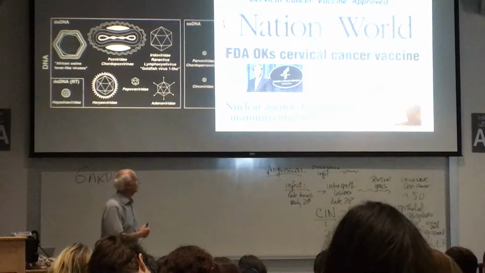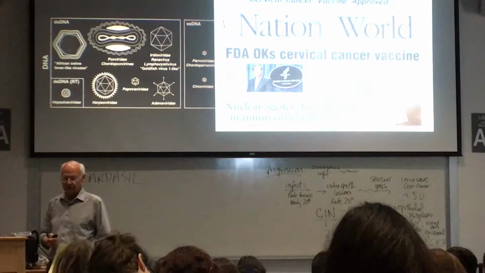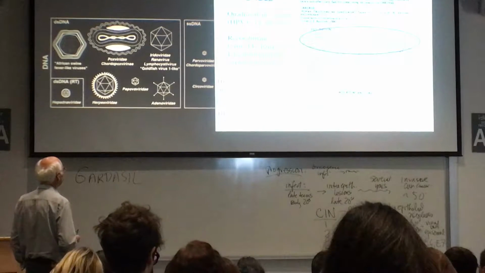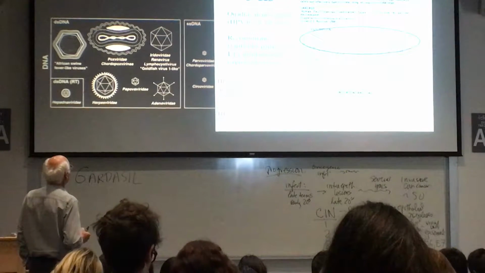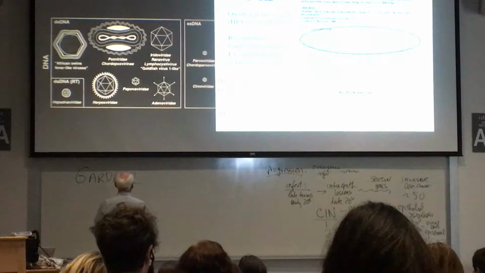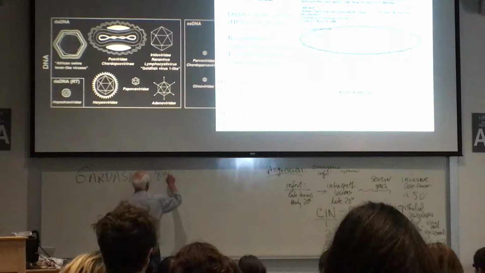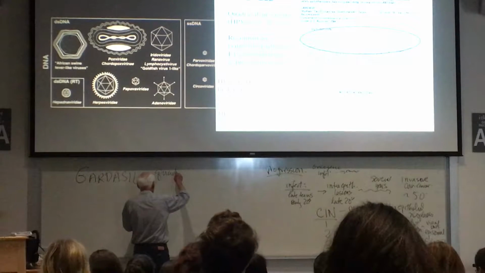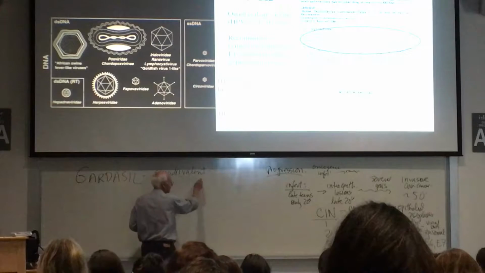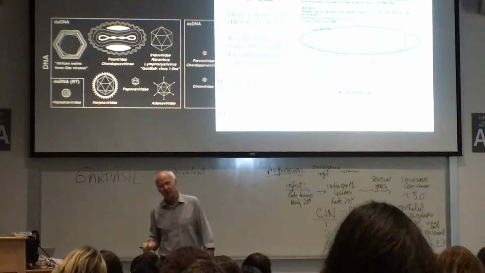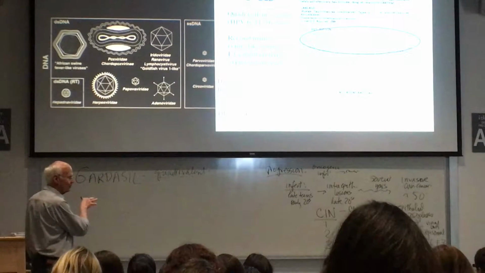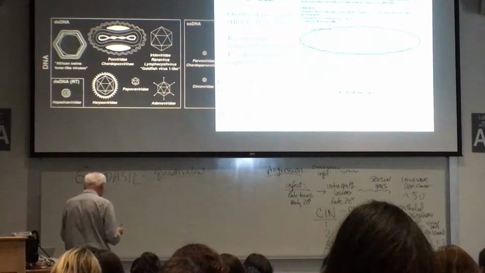The so-called cervical cancer vaccine, of which some of you in the room hopefully have been immunized with Gardasil. So you have this as figure 8 of your handout. Gardasil is what we call a quadrivalent vaccine, and from our discussion of influenza, you would know what quadrivalent is. It's directed against 4 different viruses, quadra.